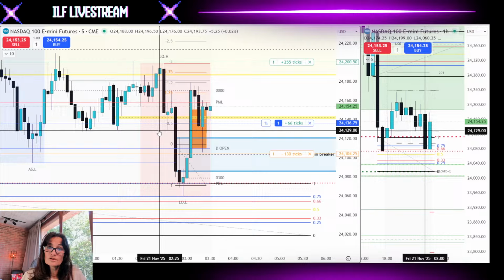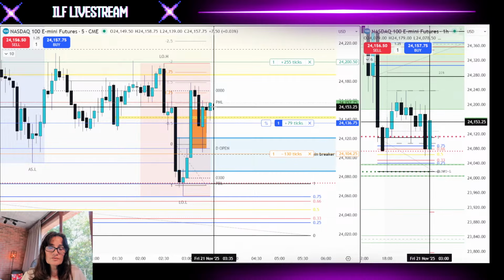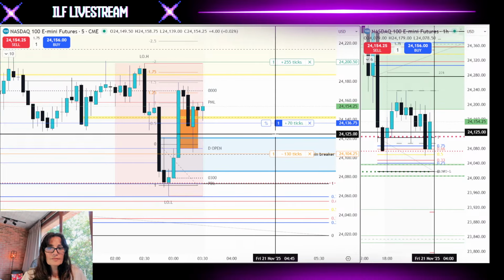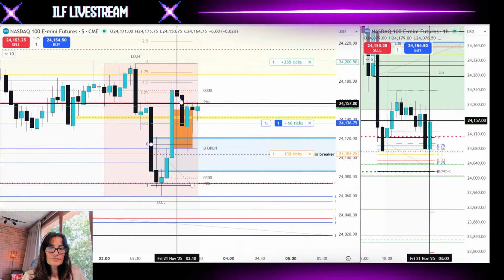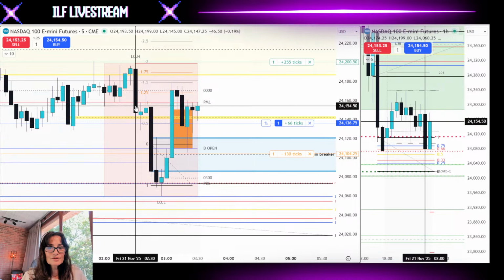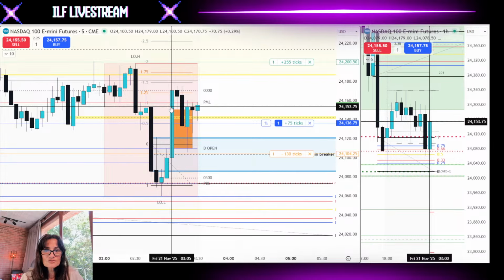That's okay. On the 5-minute up though, this is extremely bullish for me. But then again, it's very contradictory, right? Because we also have a bearish fair value gap here, so it's contradicting itself.